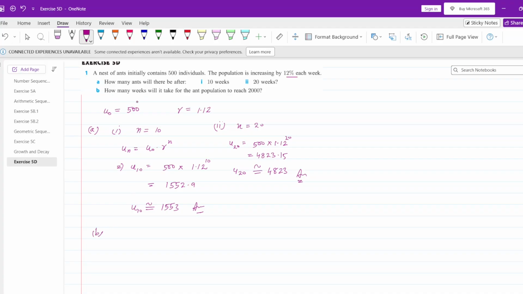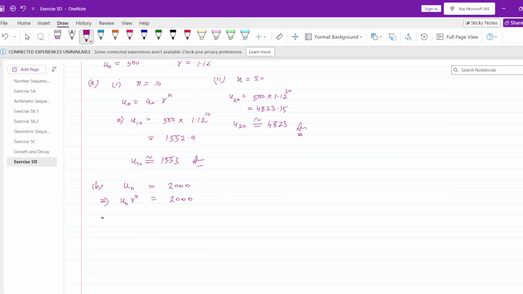B. How many weeks will it take for the ant population to reach 2000? So we know un equals 2000, and the formula for un is u naught r raised to the power n equals 2000. Now we need to find the value of n for which this value becomes 2000.